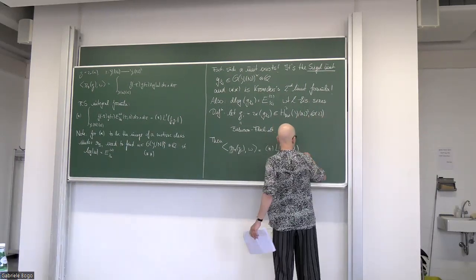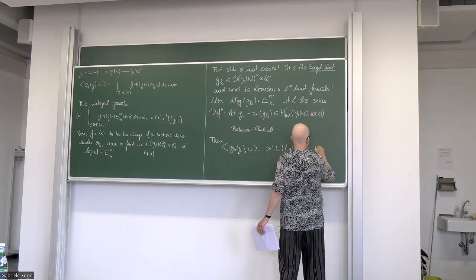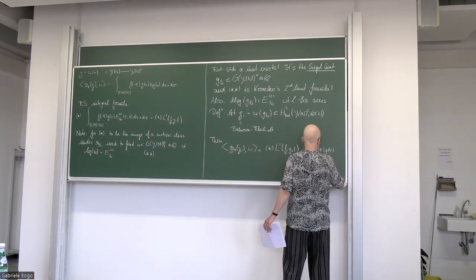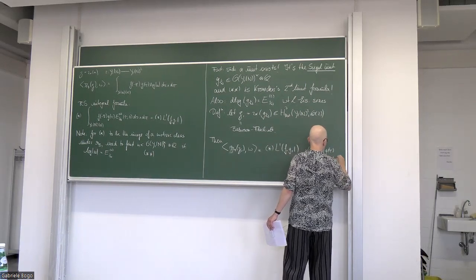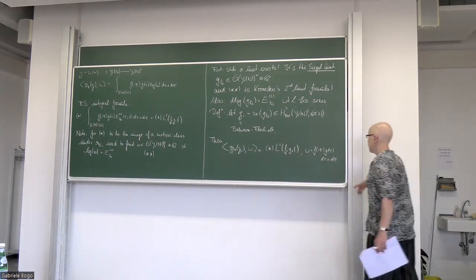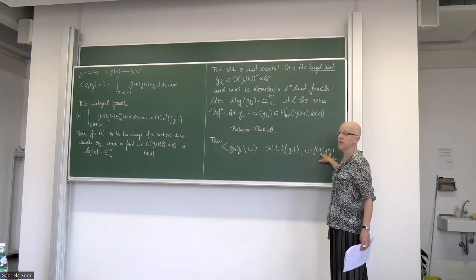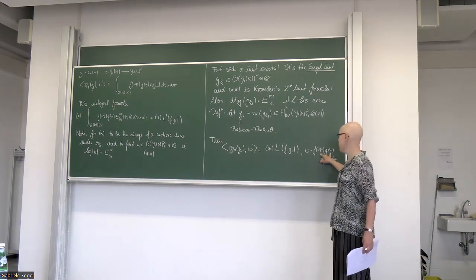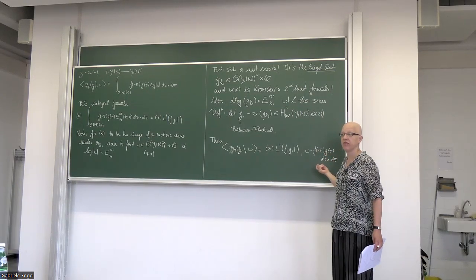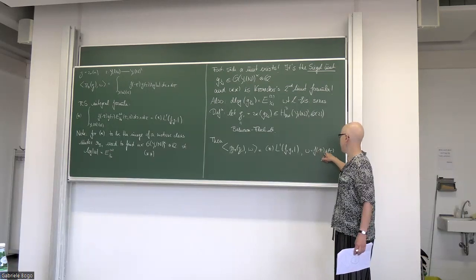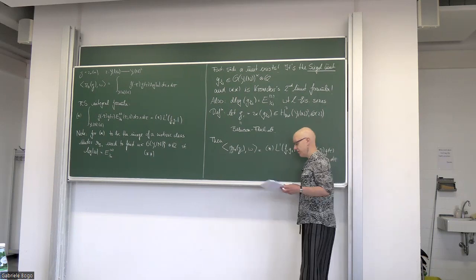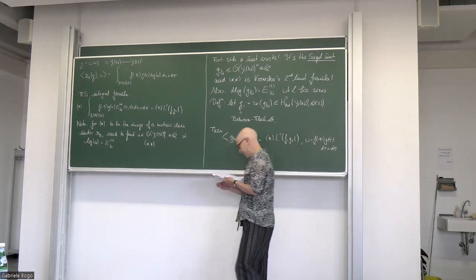I remind you that omega was F of minus tau bar, G of tau, d tau wedge d tau bar. I want to make a comment here. This lies in the middle one of the de Rham cohomology of a modular curve. It is neither holomorphic nor anti-holomorphic; it has an anti-holomorphic component and a holomorphic component. This will be important later, when we look at generalizations of this.